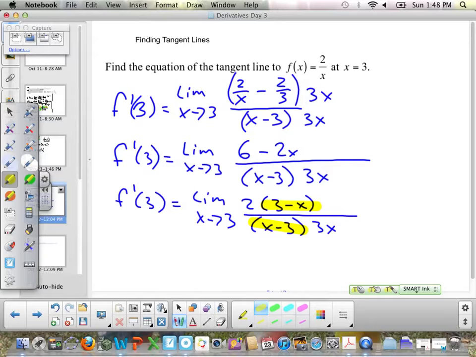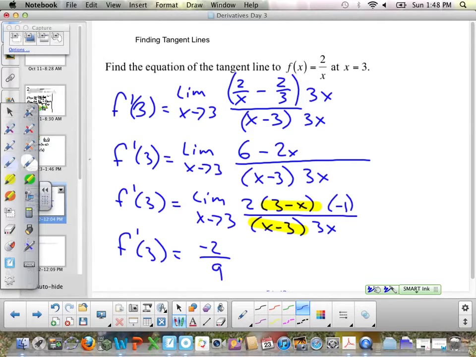They would be the same if we multiplied by negative 1. So I'm going to factor it out. So that's negative 1. It'll cancel. And what we're left with, f prime of 3 is negative 2 over, let the bottom approach 3, 3 times 3 is 9. So the derivative is negative 2/9.